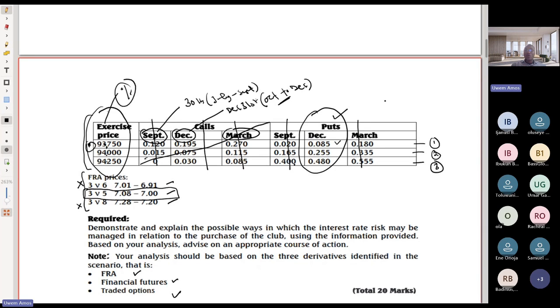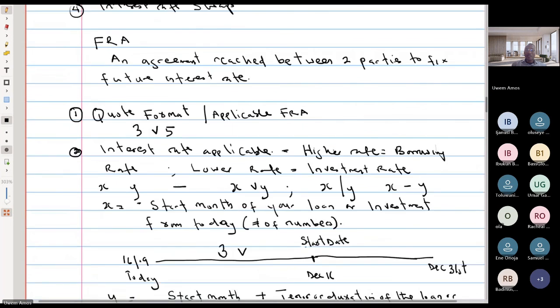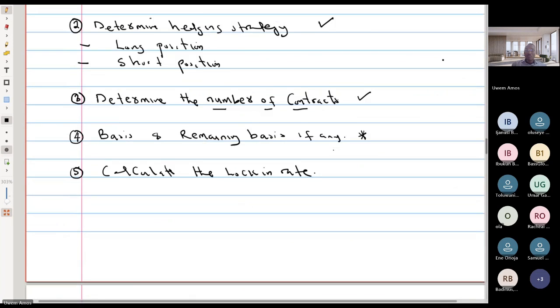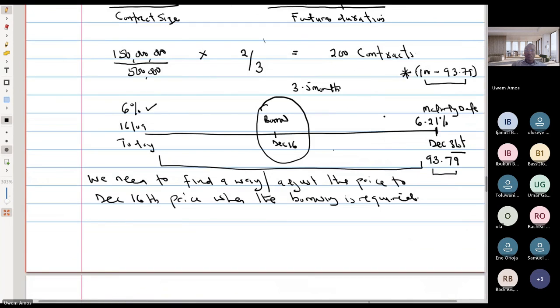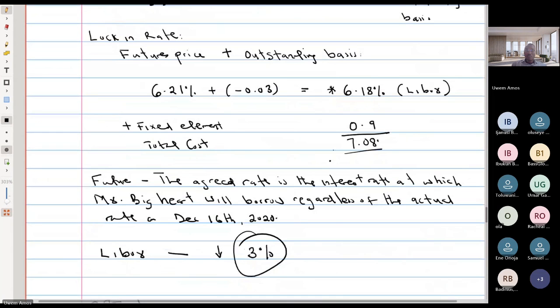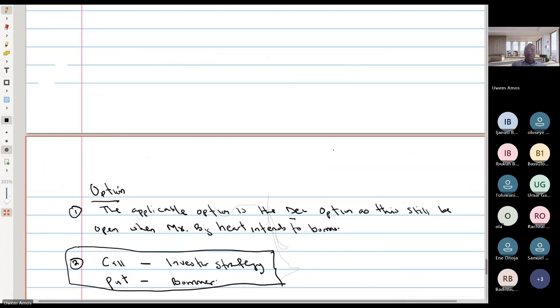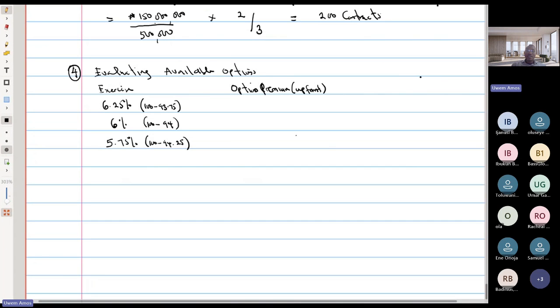And for the last one, it is 0.480. Okay, so what's our total cost?